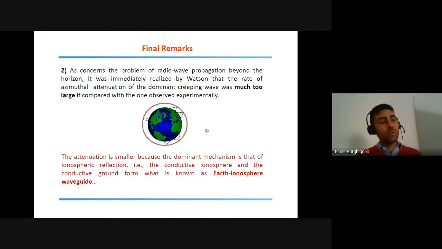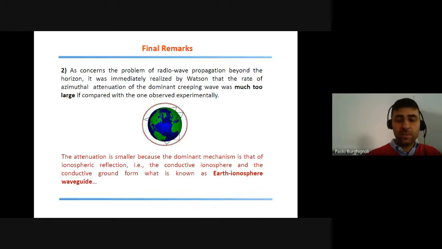Okay, this concludes our discussion of the spherical waves and the Watson transformation. Next time, I will generalize this latter example to the case of scattering from dielectric spheres, that is, from penetrable spheres, first discussing the case of a perfectly conducting sphere and then generalizing it to the case of a penetrable one.